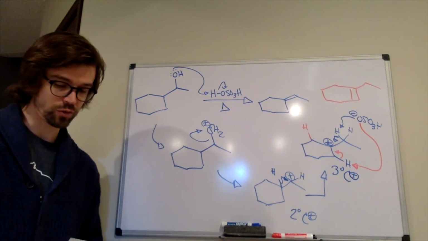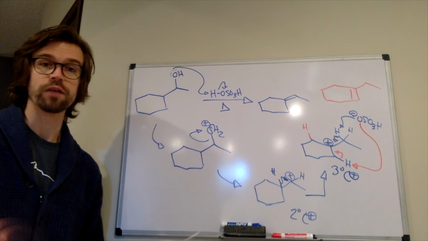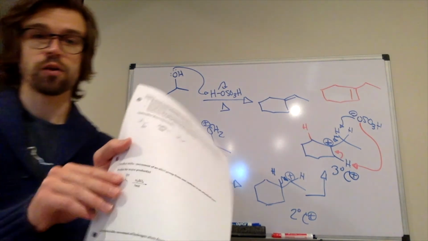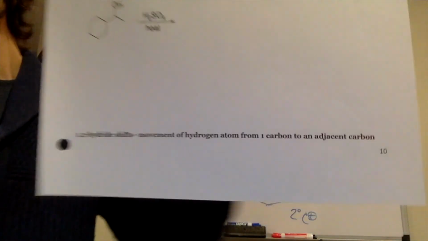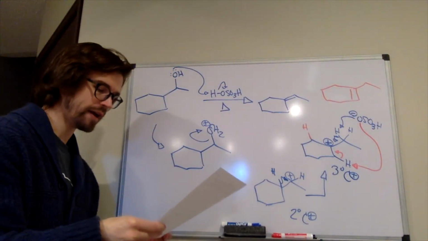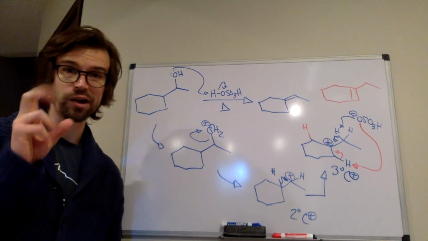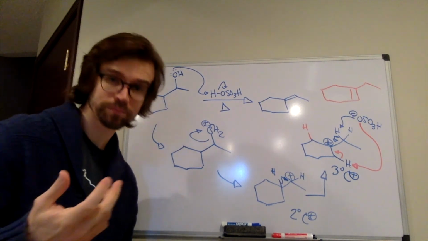So we have to be aware of that and look for those possibilities. Again, course packet, what would we call that one? We'd call that a 1,2 hydride shift, movement of a hydrogen atom from one carbon to an adjacent atom. It resulted in a carbocation rearrangement.